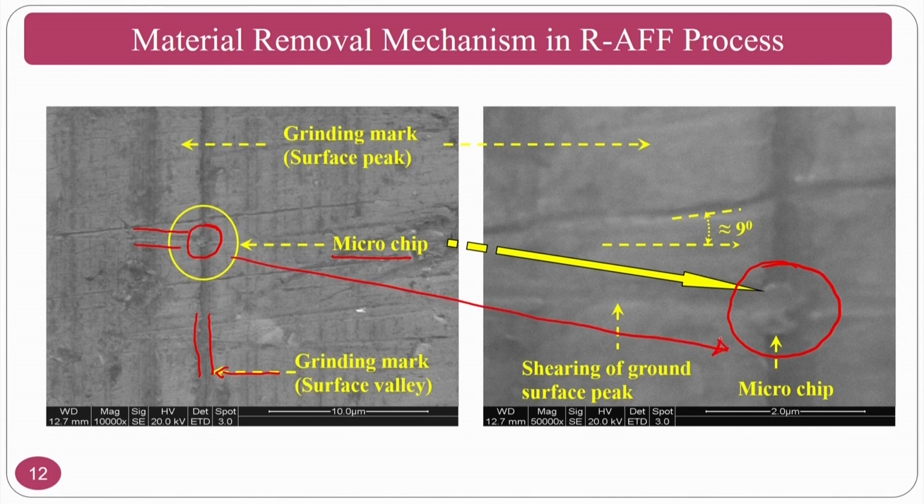So, normally the mechanism, what I mean to say here, is shearing action only, and this shearing action is improved because of the additional tangential force and tangential velocity, along with the axial force, axial velocity and radial force. But one thing you have to note: in abrasive flow finishing also, I told you there is no radial velocity.